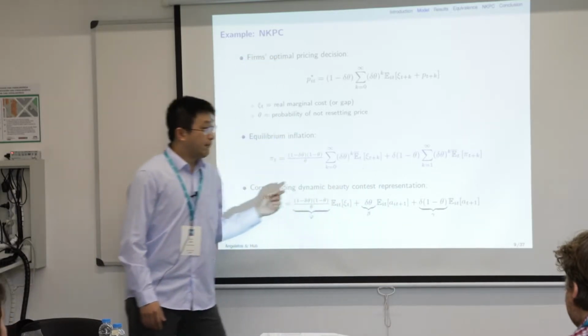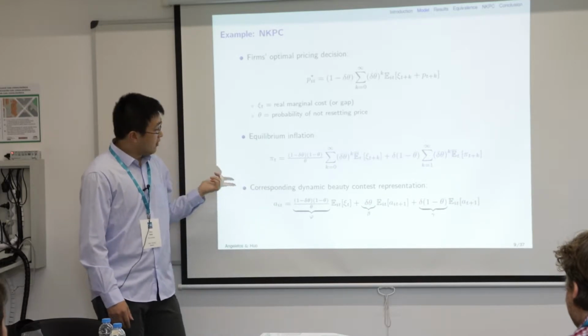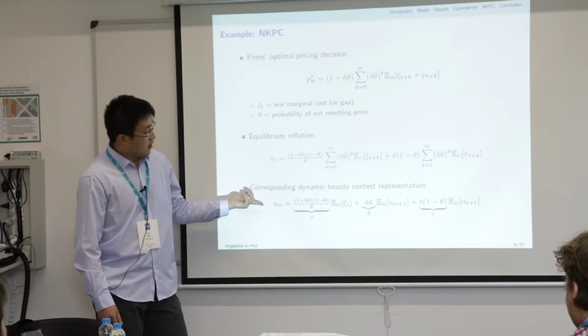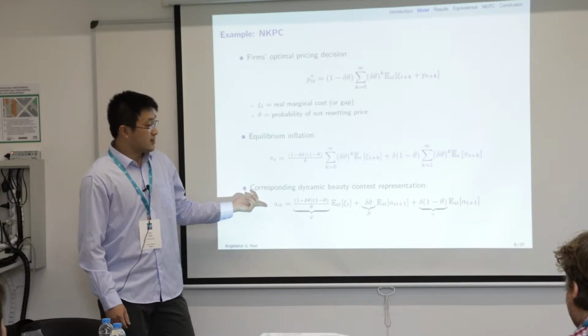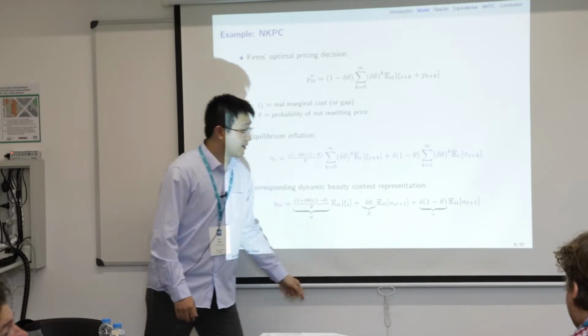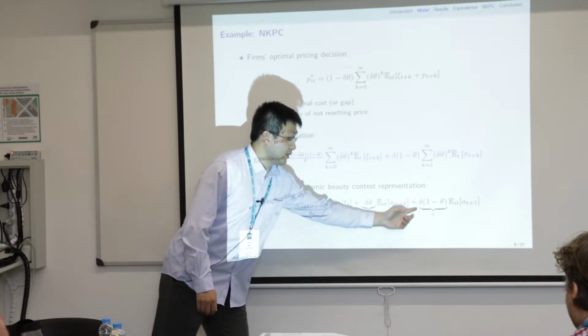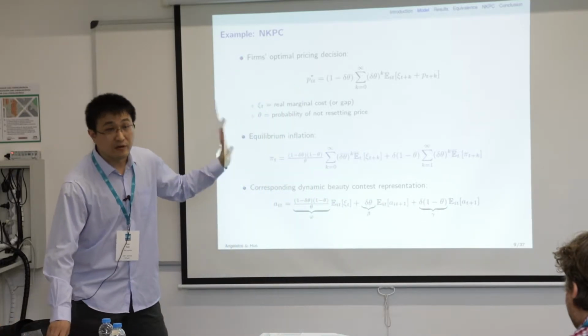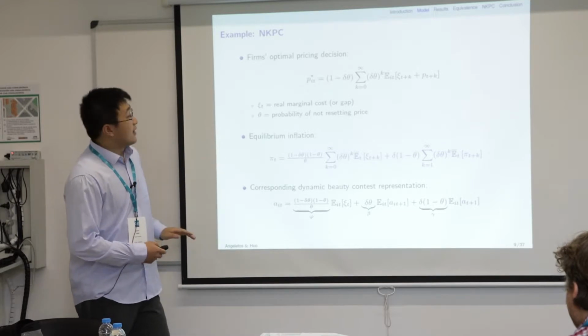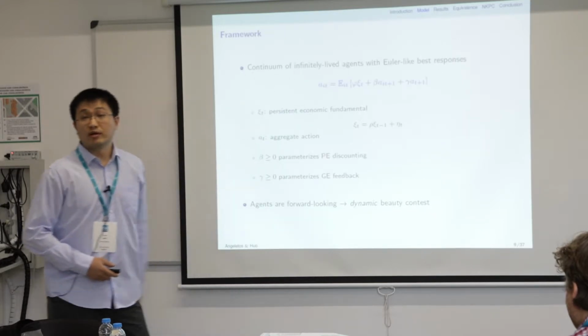And this can be rationalized or derived from this dynamic beauty contest model as we showed earlier. In this case, you can see what beta and gamma are exactly. They depend on the Calvo pricing, the discount rate, and so on. It's just a concrete example. All these macro models can somehow be cast into this framework.